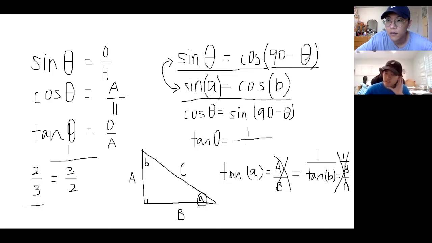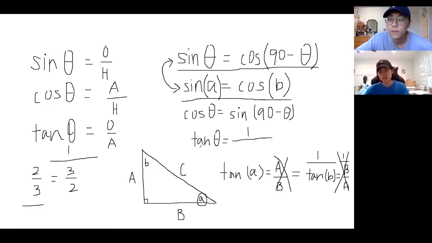Wait, so doesn't the bottom have to be beta? Theta? Yeah. Okay, wait, hold on. Look at these two equations, the two sine and cosine equations, and look at what A transformed to and what B transformed to. Nothing else changed, right? Only the A and B changed. Sine and cosine are still in the same place, right? Then apply the same change to this equation and tell me what this equation should be.